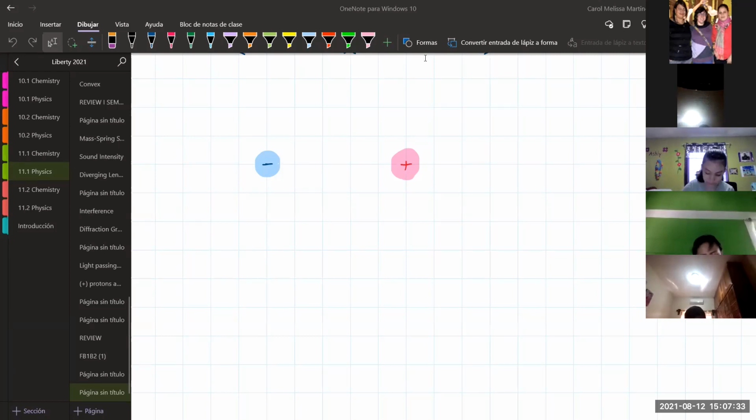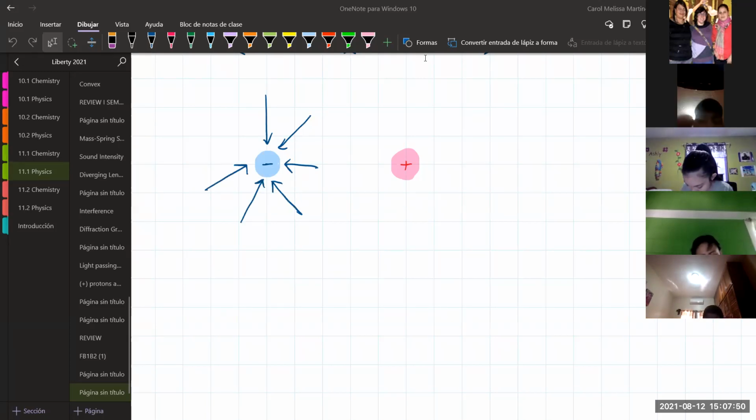So in negative charges, this charge is like trying to absorb the electric field that is surrounding it. Did you watch the videos that I posted on Classroom about the experiments on how to see the electric field?